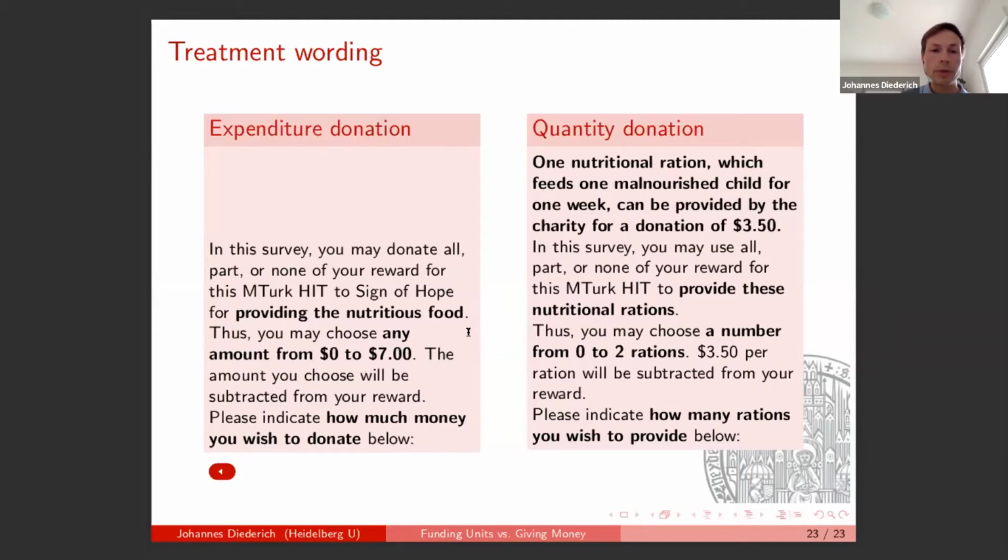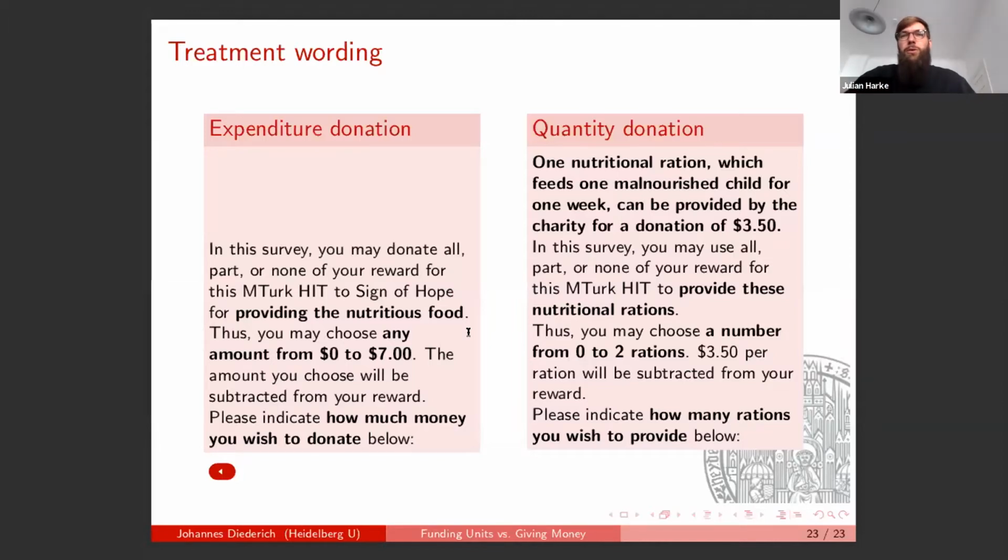Your question was whether they had strong information that it's going to be earmarked. For them it might even be important that they know where the money goes, right? So there could be this difference. In the real world, I would think people think that if I donate money, they might use it for administrative cost and whatsoever. If I donate a unit, I have more the feeling it goes there directly.